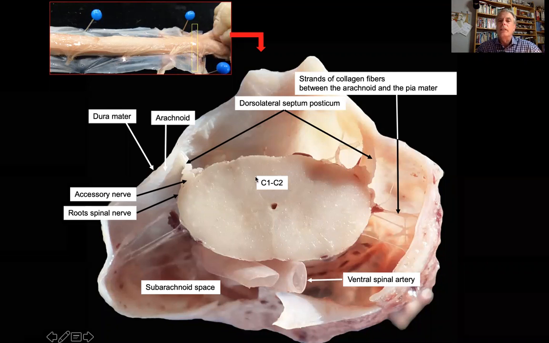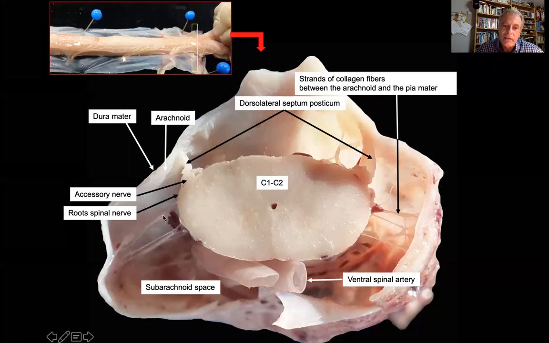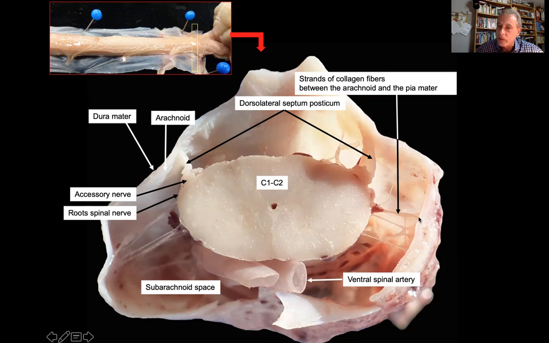Okay, so in dogs, what do we have? This is a section, okay, between C1 and C2 cervical spinal segments. You see a big subarachnoid space. Remember, at this level, we have a big subarachnoid space with all strands of collagen fibers inside the subarachnoid space between the pia mater and the inner layer of the dura.